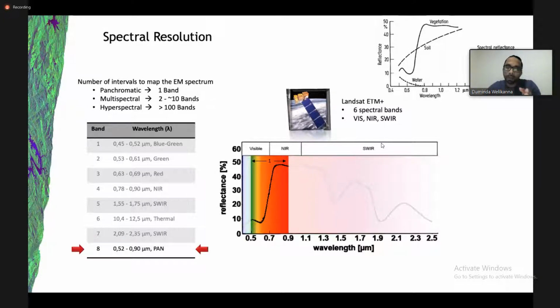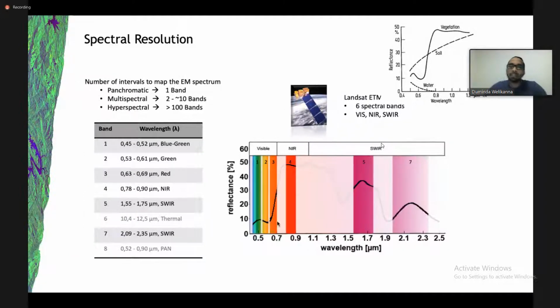This is called spectral resolution. The spectral resolution is the number of bands, very simply said. So the more bands there are, the better the spectral profile is going to be. For instance, if you take Landsat ETM Plus, like Landsat 8, it can map 2 more regions of the shortwave infrared region.